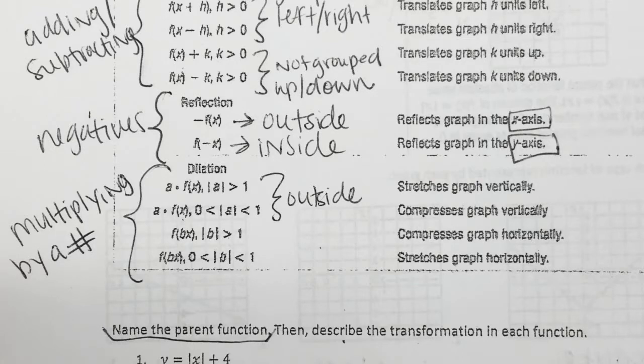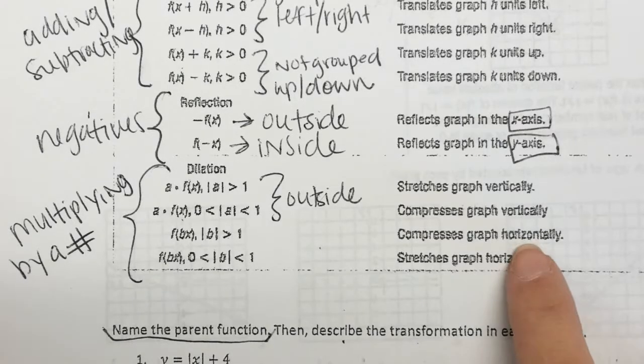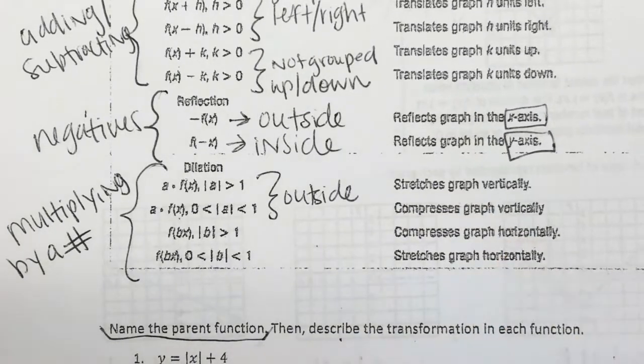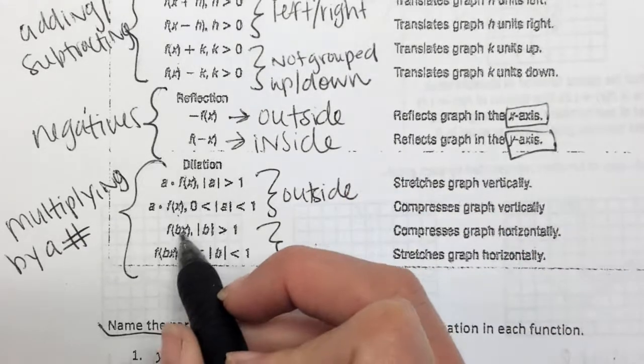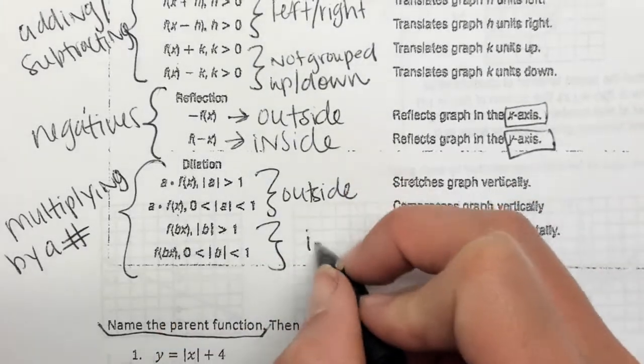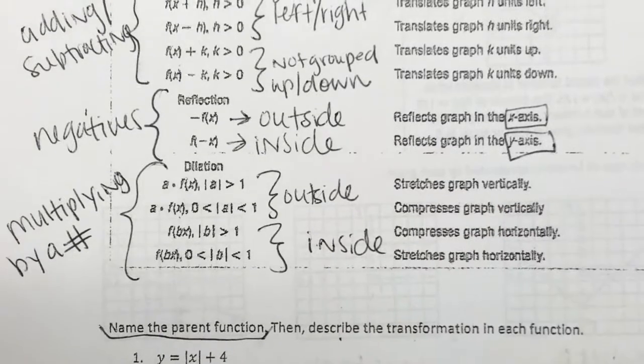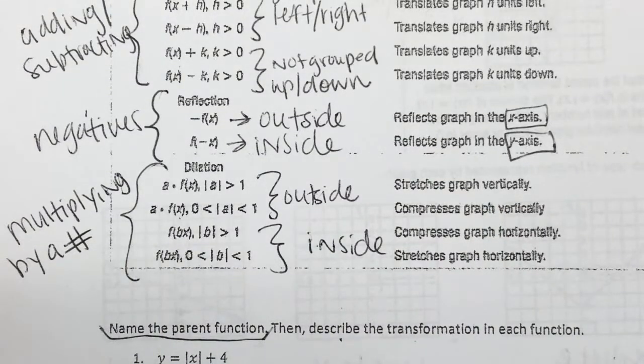If I compressed him vertically, he would become shorter. Okay? And then horizontally, if I compress someone horizontally, they would become what? Skinnier. And if I stretch them horizontally, they would become larger. Okay? So that's how it would look on your graph. Now if it's on the inside, grouped with x, it's going to be changing it horizontally, side to side.